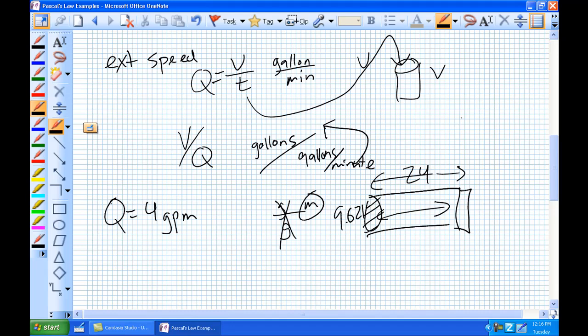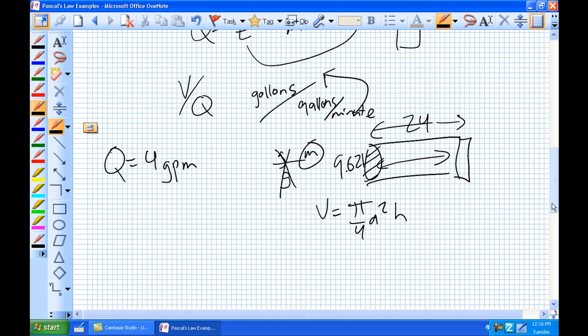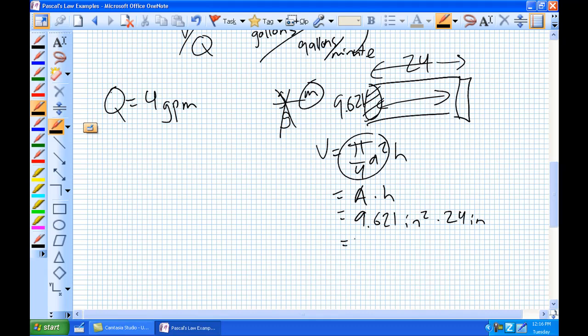Well, that's the formula we found out for our cylinder. The volume for a cylinder is pi over 4 d squared times h. That's really the area times h. So 9.621 inches squared times 24 inches should give us a volume of 230.9 cubic inches.